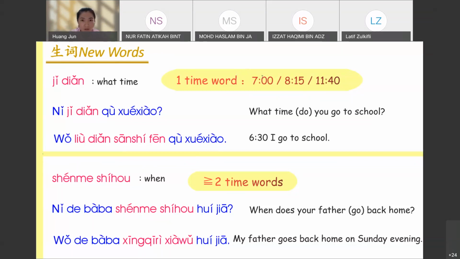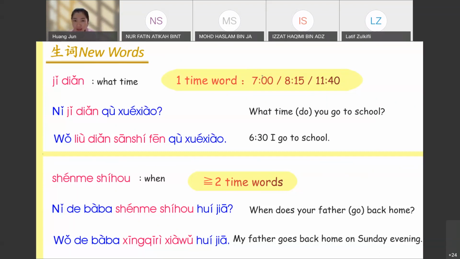But if the answer is 晚上6点半, which question word do you use? If my answer is 晚上6点半, right now you can see 晚上 is one word.